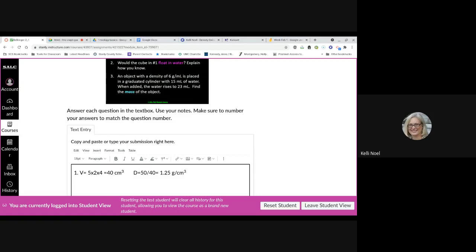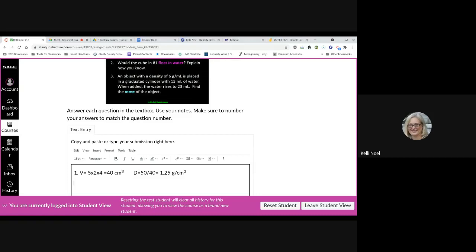If an object is less than 1 in density, is it going to float or sink? Float. If it's equal to it, it'll kind of be half in, half out of the water, but still floating. If it is greater than 1, it is going to sink. So this says, would the cube in number 1 float in water?